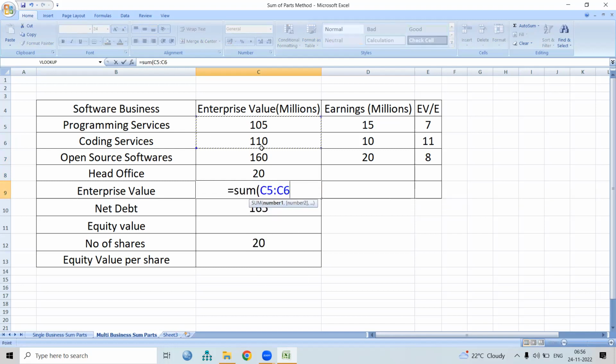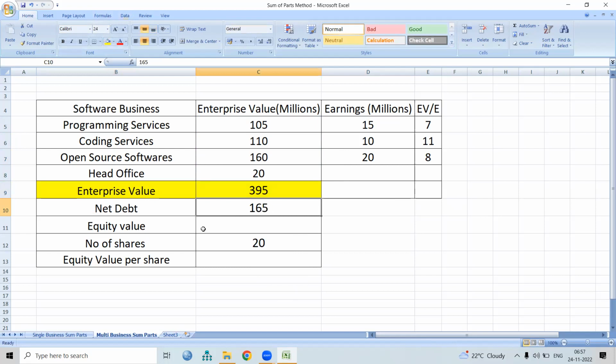Take a total of all these 4 items, C5 to C8. Then press enter. We got enterprise value here.